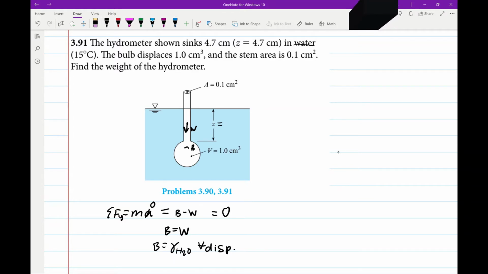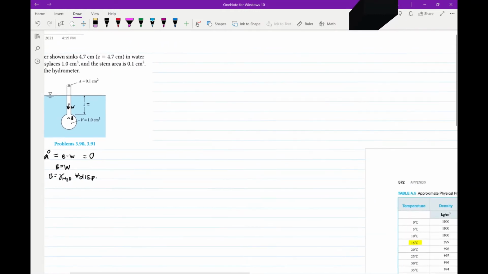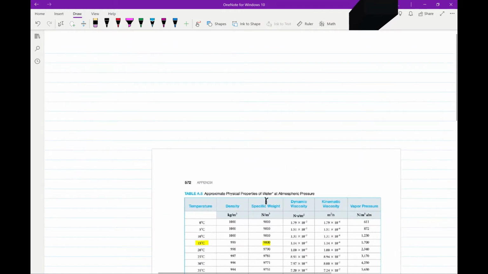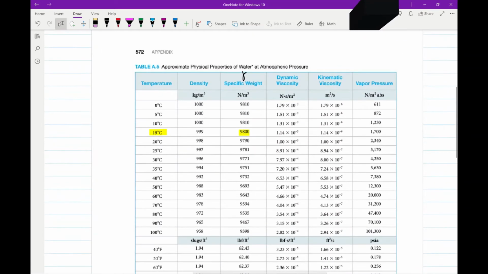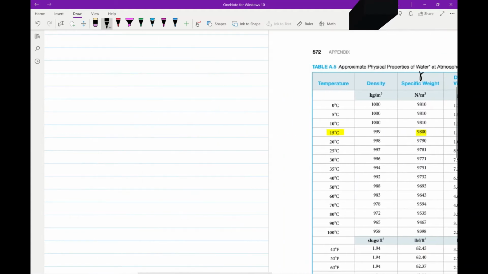In your textbook, you probably have a chart of properties of fluids, such as water. Let's first look at the temperature, 15 degrees Celsius, and we need water, which this whole chart is of. It tells us the specific weight of water at 15 degrees Celsius is 9,800 newtons over cubic meters. So let's write that down.